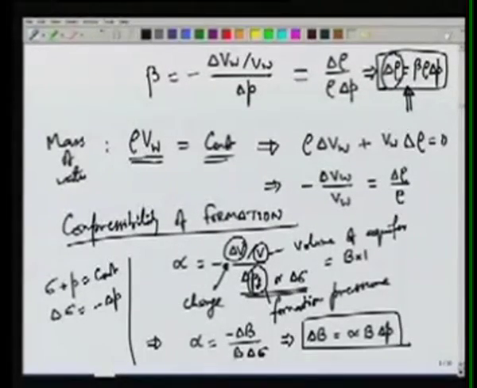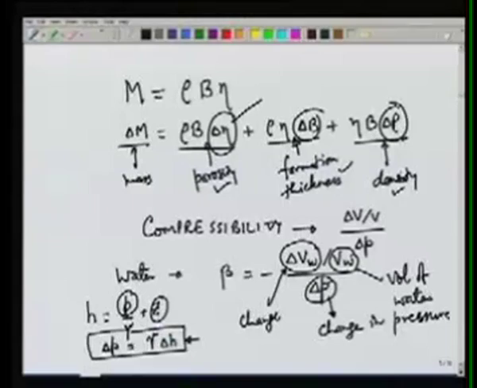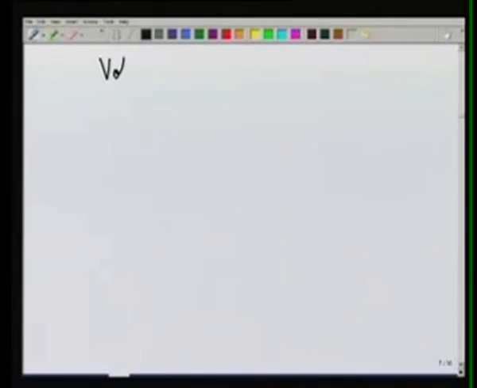Now, the third term which we need is how the porosity is changing with change in pressure. And for that, we can assume, which is generally a very good assumption, that the volume of solids is constant.